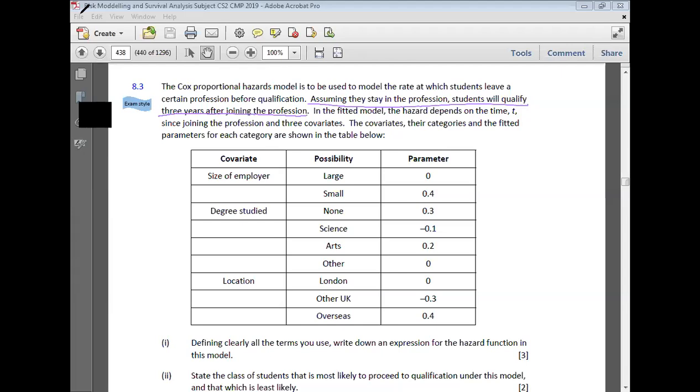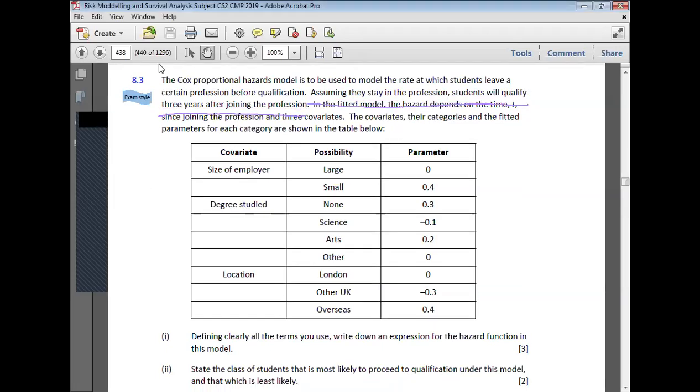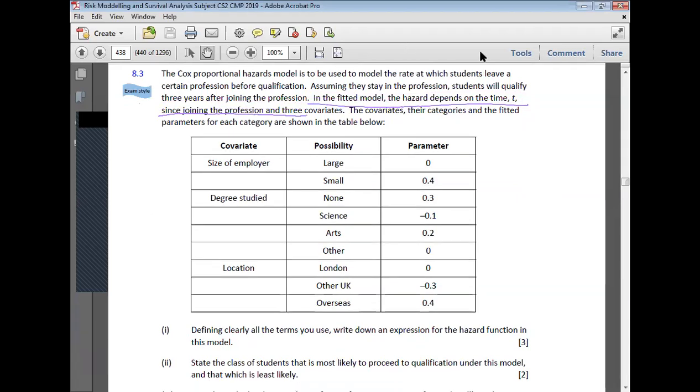Who will explain to me what we are asked to do here? Oh, Mashida, I cannot hear you. Hello. Yeah, now I can.